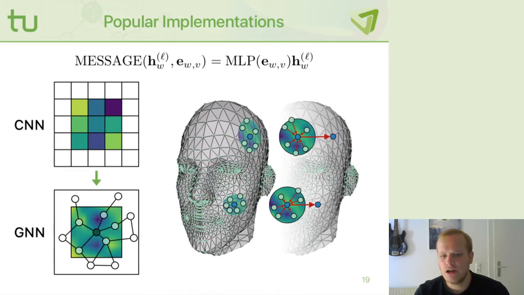And with this, we learn a continuous filter instead of a discrete one. And we can use this filter or those filters for tasks such as 3D shape analysis. For example, to find the nose in a 3D human face.